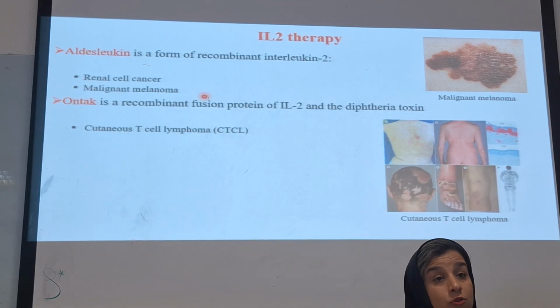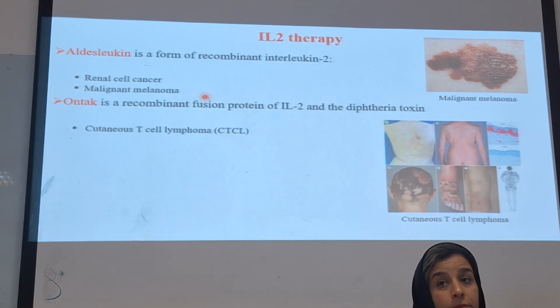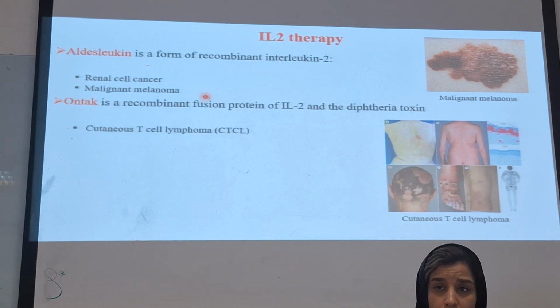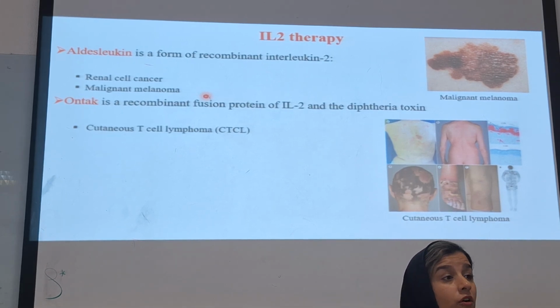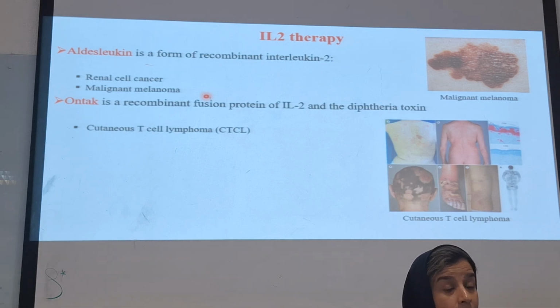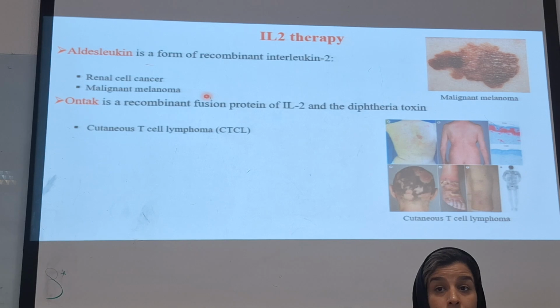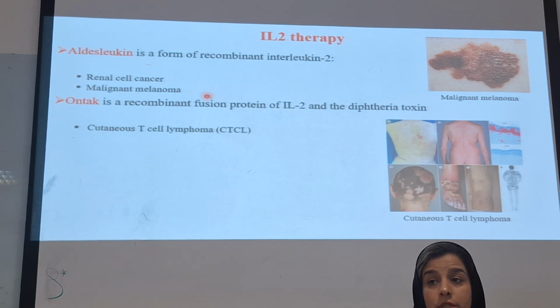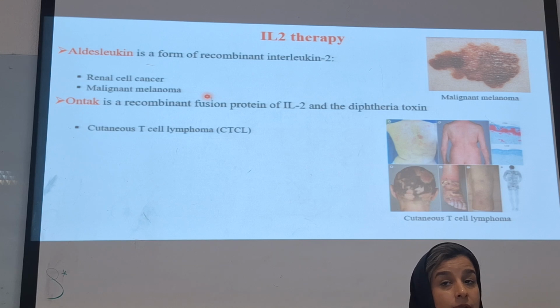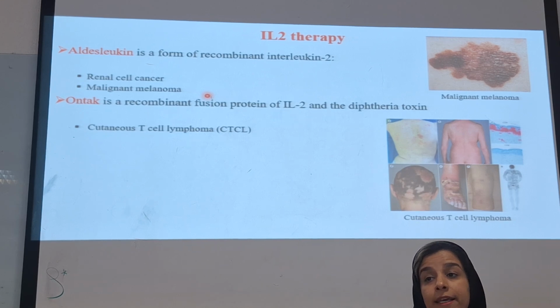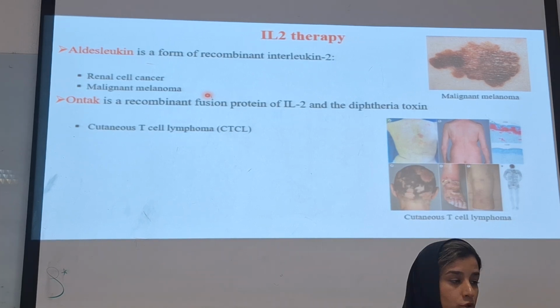So interleukin-2, after prescribing, leads to proliferation and activation of T lymphocytes that have been exhausted in the tumor microenvironment, and so interleukin-2 can be a drug for activation of T cells and defense against and killing of tumor cells.